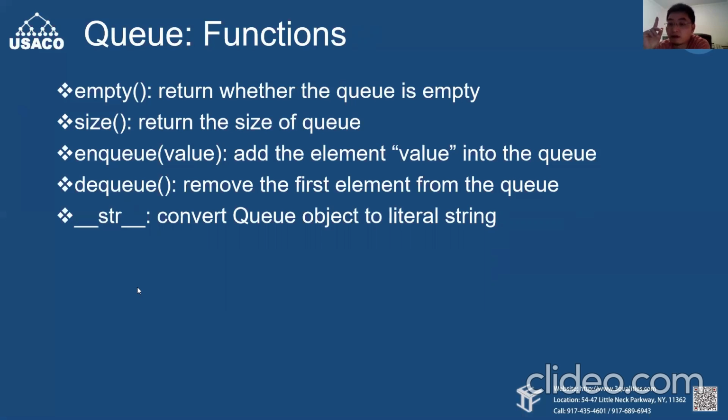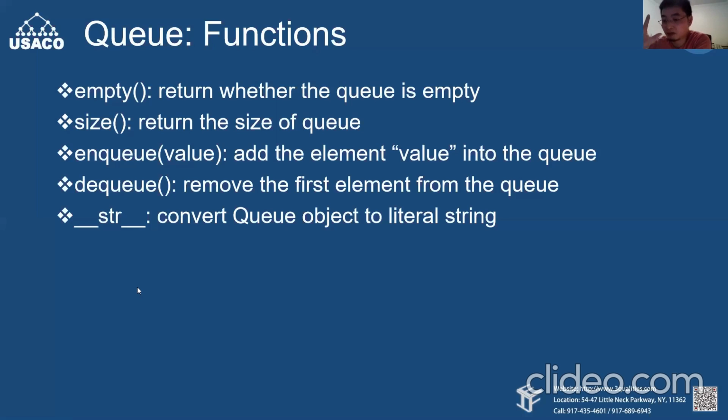And different from the pop and push functions in the stack, for the queue we have enqueue and dequeue. The function names may be a little bit specific, but the meaning is the same.